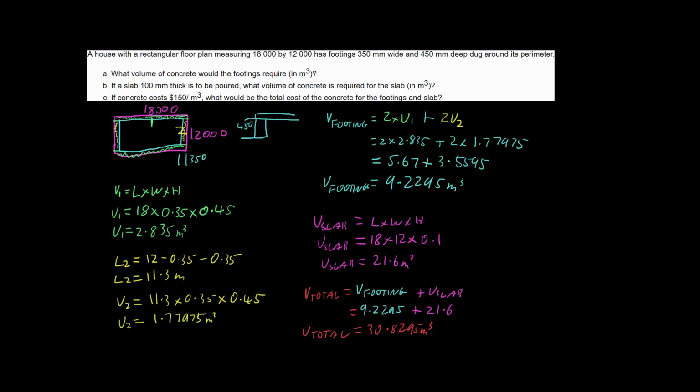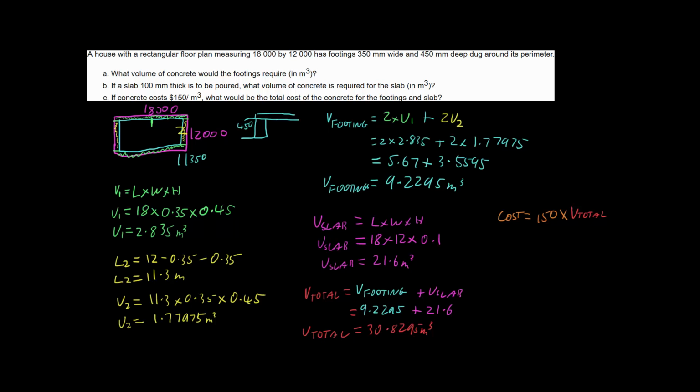And now finally, we can work out our cost. So the cost of our concrete is going to be our $150 per meter cubed cost, 150 times our total volume. So we're going to get our total volume and multiply it by our cost.